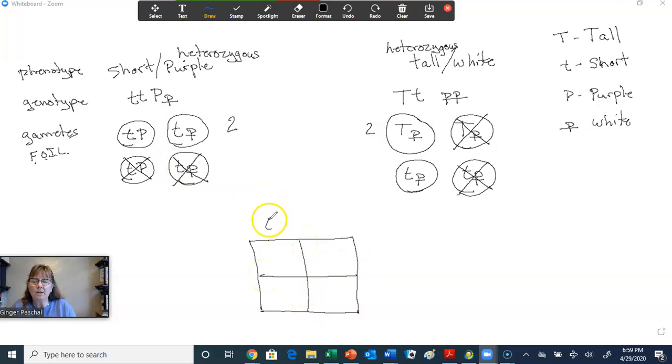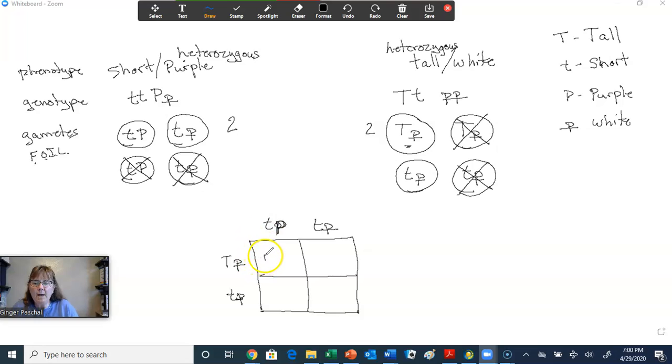So again, we keep our letters that are in the circles together. And this is why it's so important, because with this P not being underlined, you can tell it's a capital P, even though it's very small. Should be a capital P. So we have a capital T, lowercase p for this one. We have a lowercase t, lowercase p for this one.